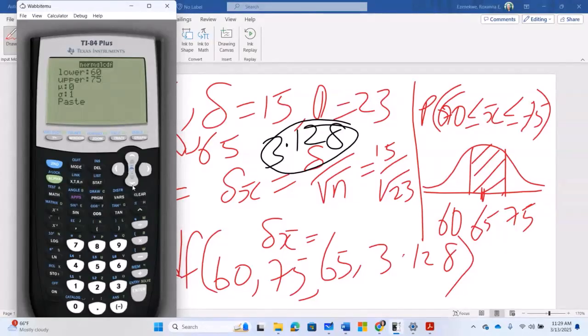The mean of this data is not 0 because it's raw data, so it's 65. And the standard error this time, because I am doing the central limit theorem, is 3.128.